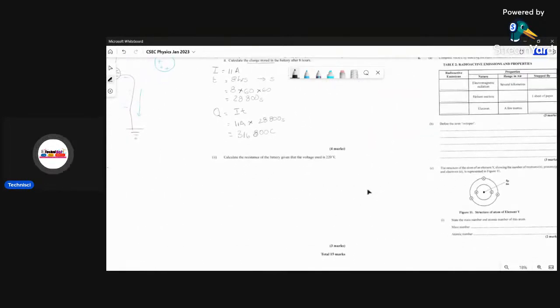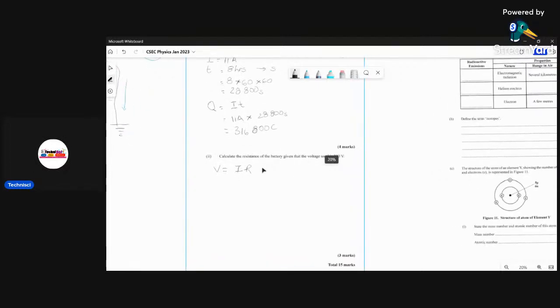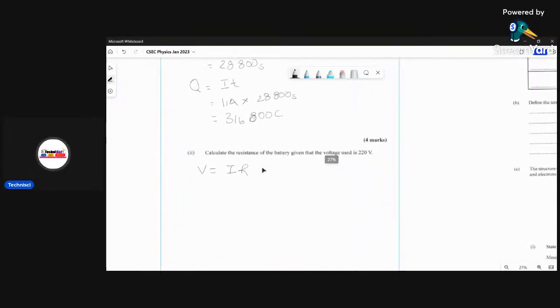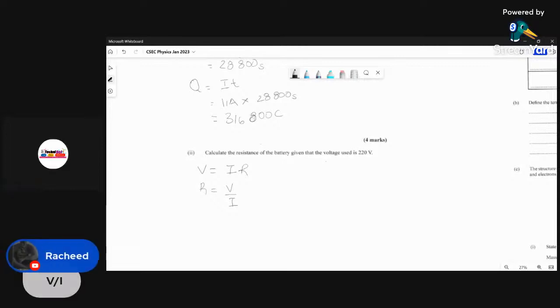Okay, so here we go. Just to show where we're coming from, V equals IR. And we transpose because they want resistance. That would be divide both sides by current. So R is equal to voltage divided by current. Very good. So that's the equation that we're working with.